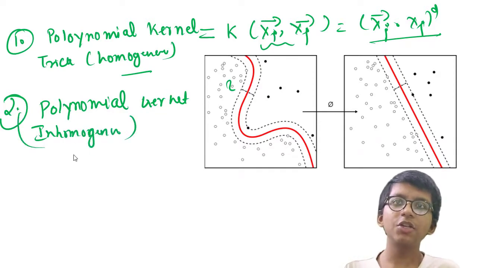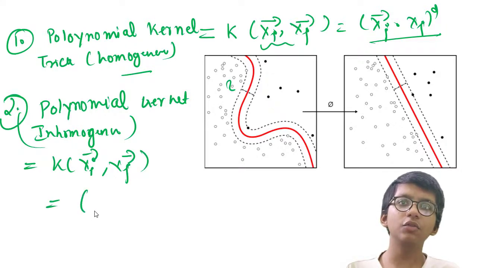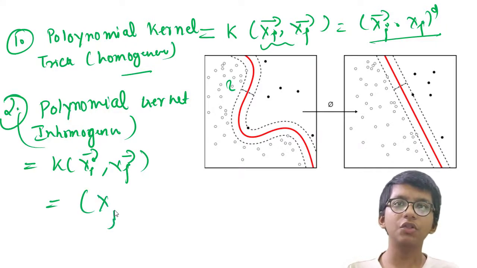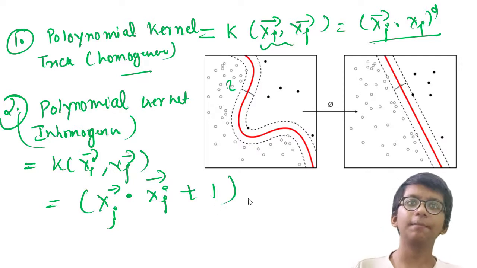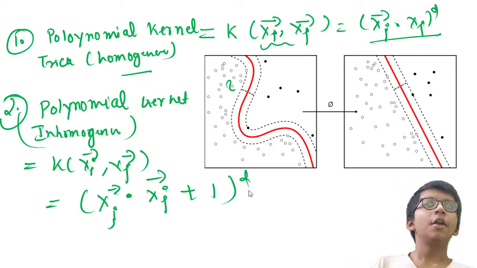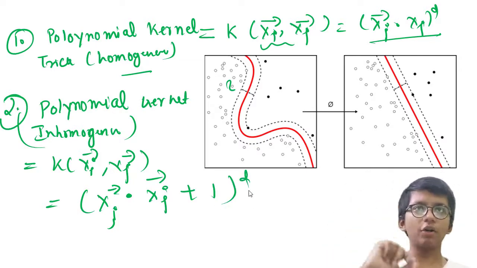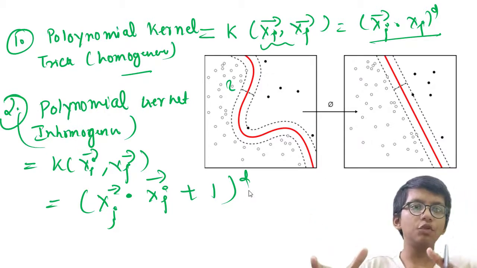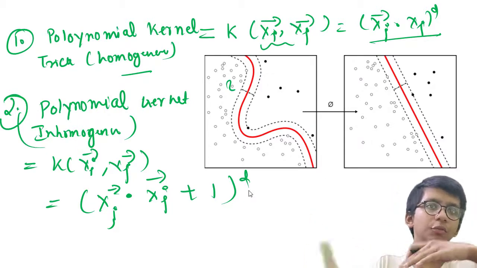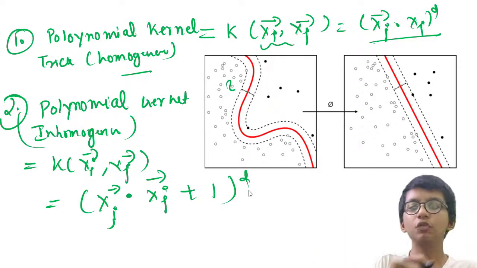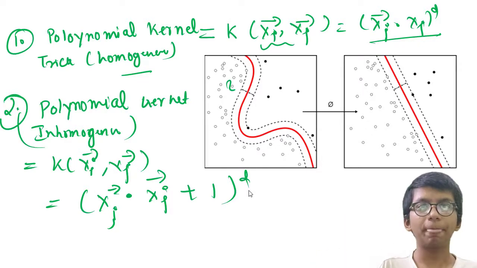The equation is defined by taking the same xi and xj and transforming them into the dot product of xi times xj, plus 1, to the power d. So you add 1 to it. Pretty easy. These are the two things we have talked about. It just transforms your data so you can perform non-linear classification.